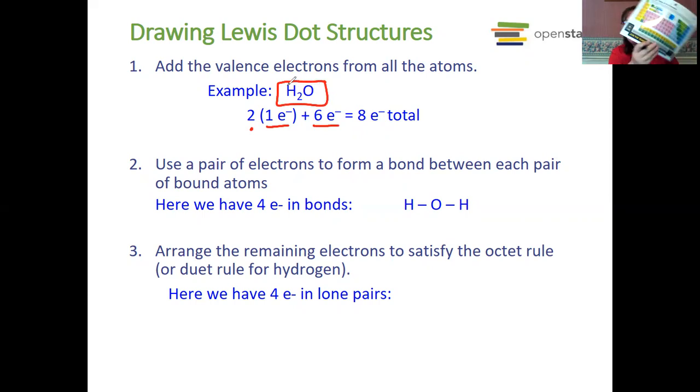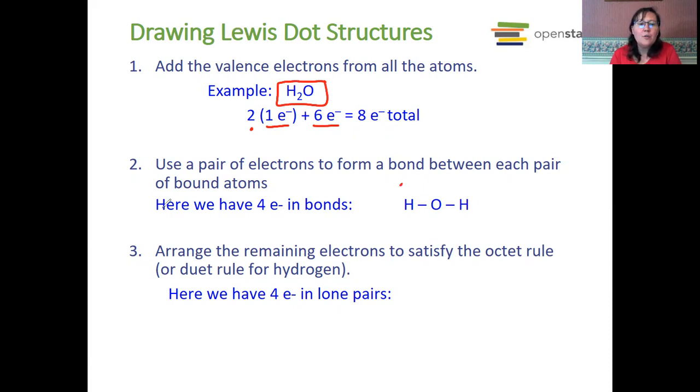If you're wondering how I'm finding that, all I'm doing is looking at my periodic table, and I start on the left side and count the number of electrons until I get there, ignoring, and this is important, ignoring the transition elements. So it would take me 6 to get to oxygen. If I go down to arsenic, it would take me 5 to get to arsenic and 7 to get to bromine. So that's how I'm picking those valence electrons.